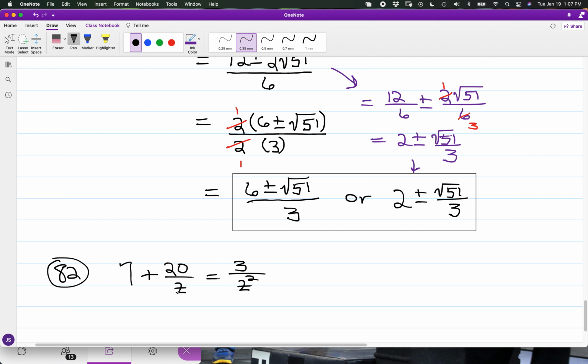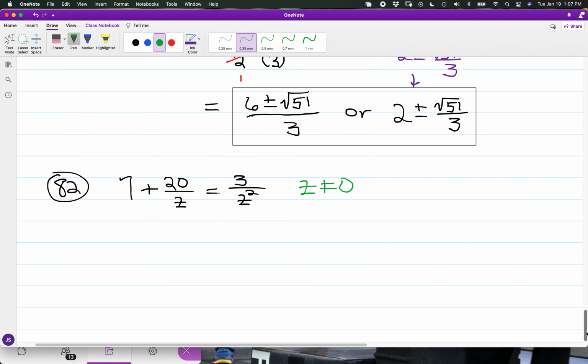Okay, so z cannot be 0, and z squared cannot be 0. So to keep z and z squared from being 0 in value, we have that z cannot be 0.